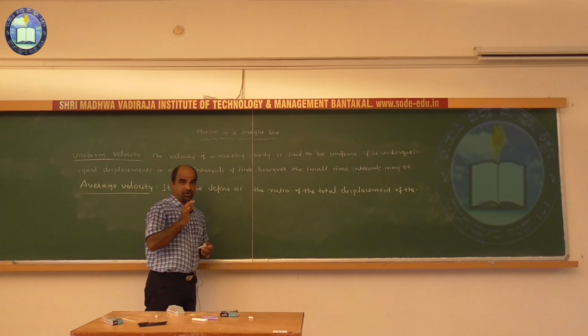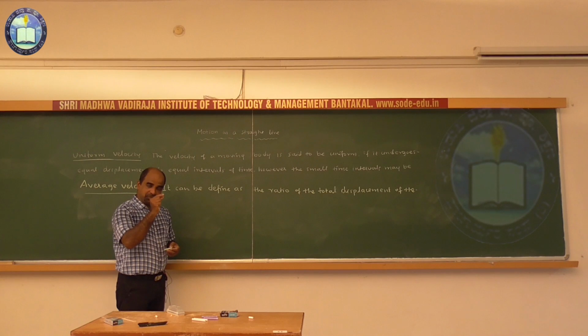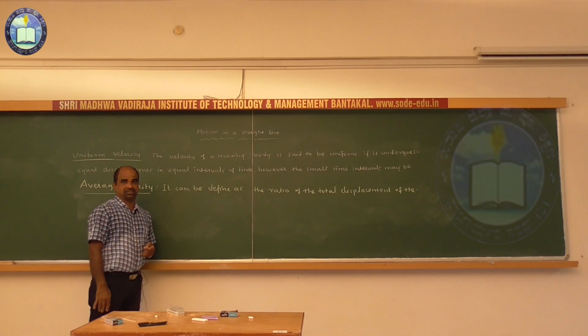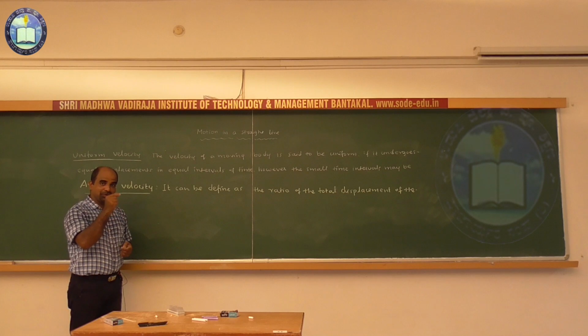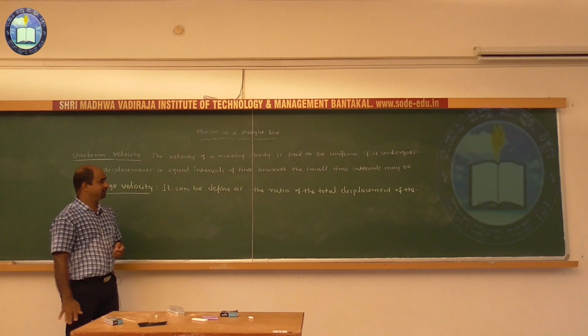In NCERT book 1, it is the total displacement of the body divided by time taken. That's also correct, because in NCERT book 1, we should follow what our NCERT book says.